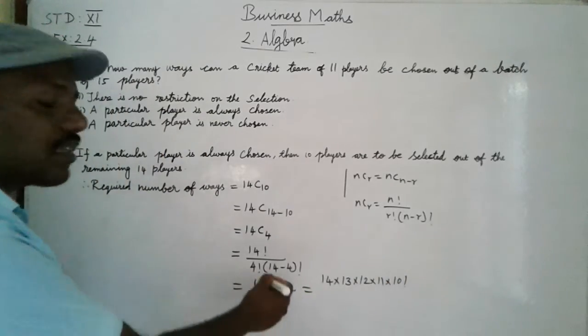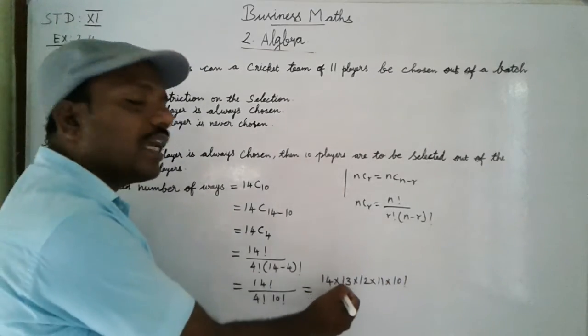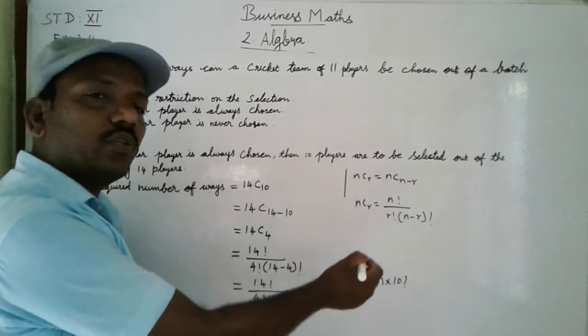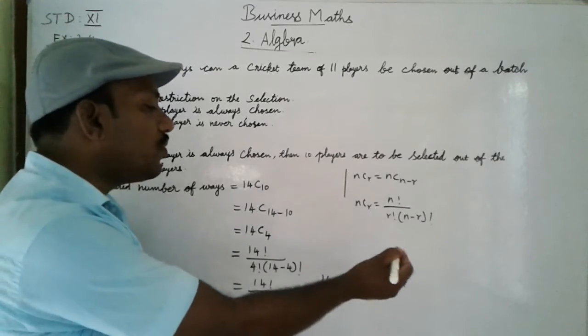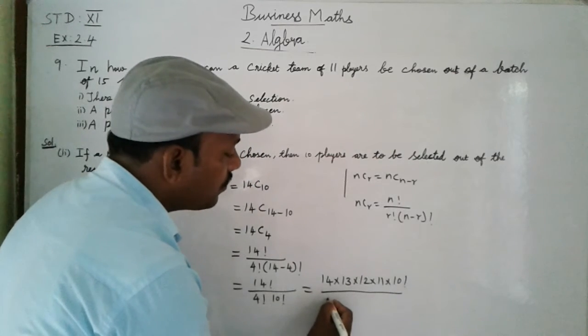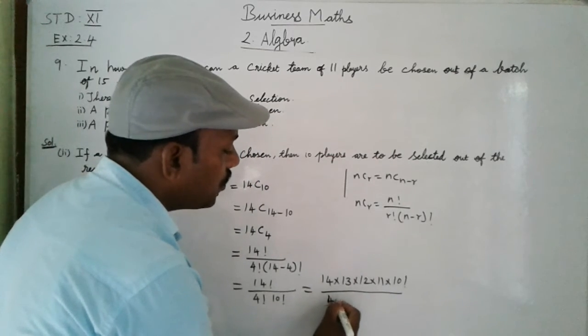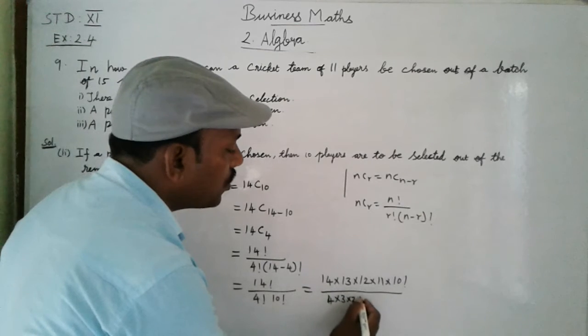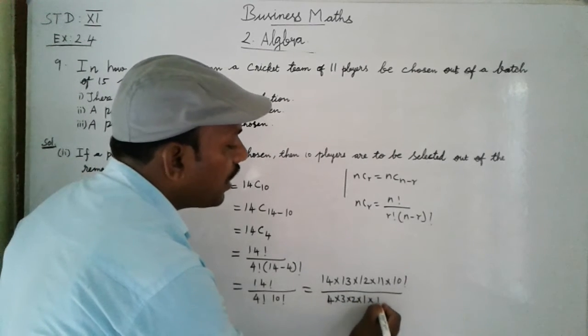So we should cancel 10 factorial. So we write 14 into 13 into 12 into 11 into 10 factorial divided by 4 into 3 into 2 into 1 into 10 factorial.